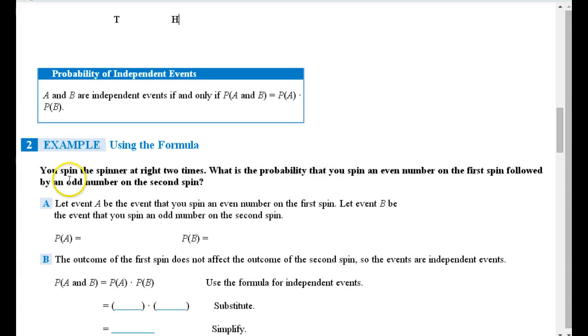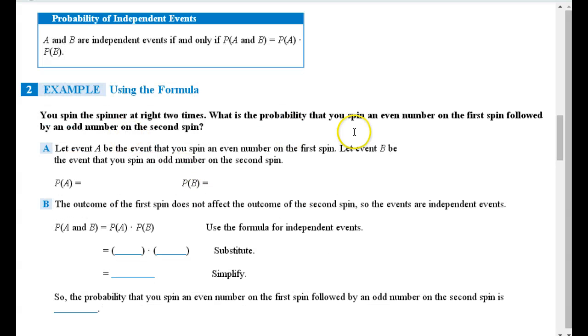All right. So now it says you spin the spinner at the right 2 times. We don't have a spinner here. Let's see if I've got an idea what the spinner would look like. Okay, the spinner has 12 numbers on it, equally divided. So what is the probability you spin an even number on the first spin, followed by an odd number on the second spin?